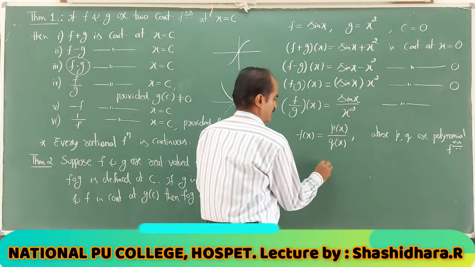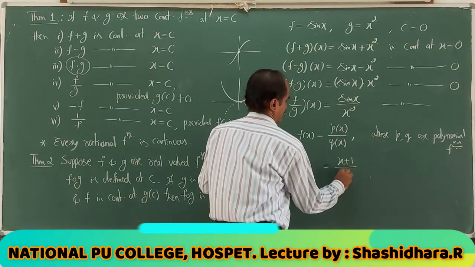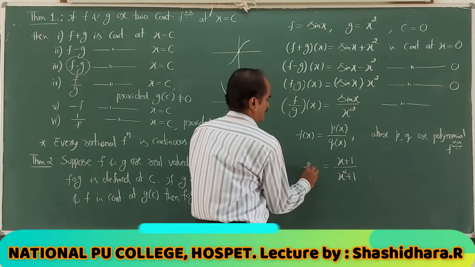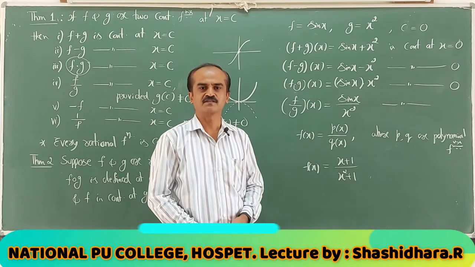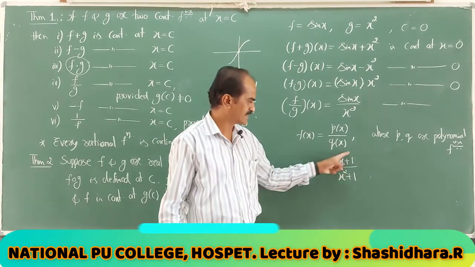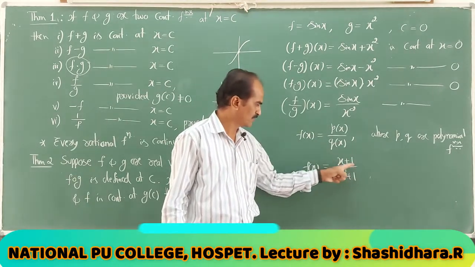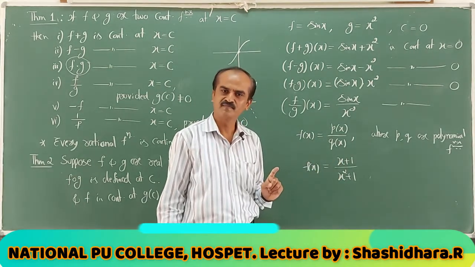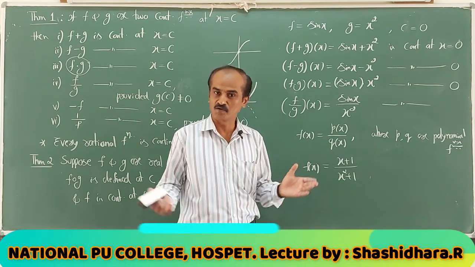Now let me take an example. Say it is x plus 1 divided by x square plus 1. Clearly this is a continuous function. How are you able to say this? I take the numerator as f of x, denominator as g of x. Numerator polynomial, denominator polynomial. We know that every polynomial function is continuous at all real points.